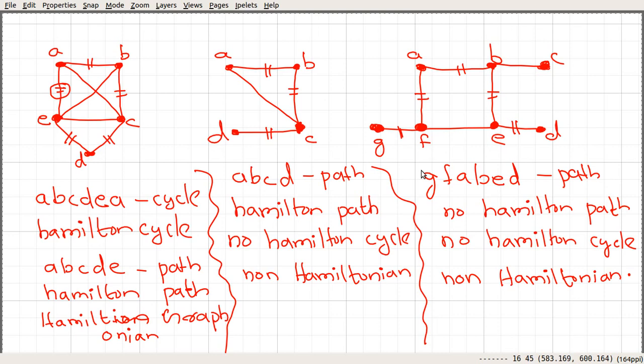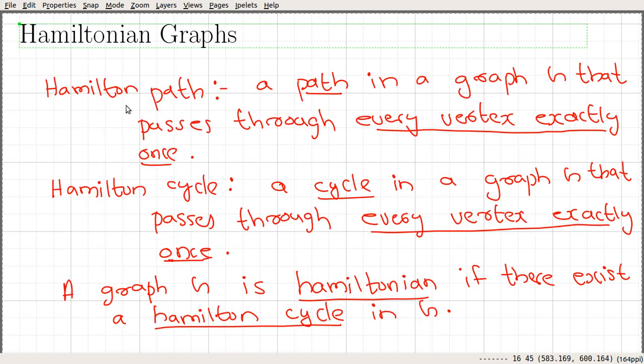Now the definition is very clear. A Hamiltonian path is a path in a graph that passes through every vertex exactly once. A Hamilton cycle is a cycle in a graph that passes through every vertex exactly once. And if a graph has a Hamilton cycle, then such a graph is called a Hamiltonian graph.